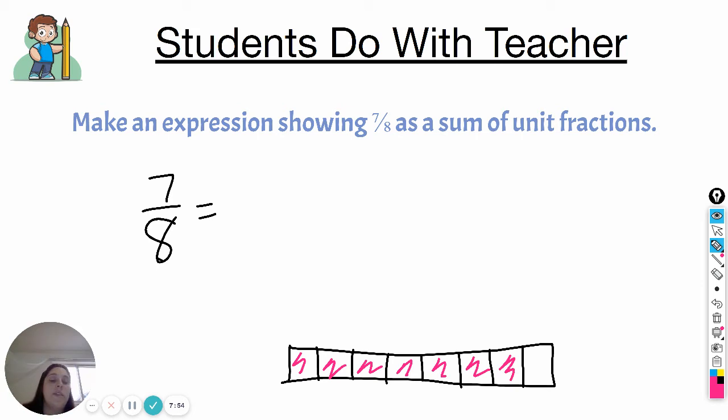And we're going to need 7 of them. So you don't have to draw this fraction strip. You can just get out the one that you have. And then what I want you to do is go ahead and write the expression. So go ahead and write what fractions you have to add together to get 7/8, and then I'll have you check your answer with mine.